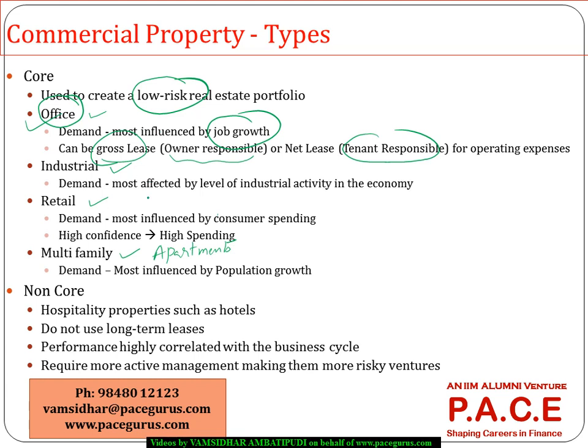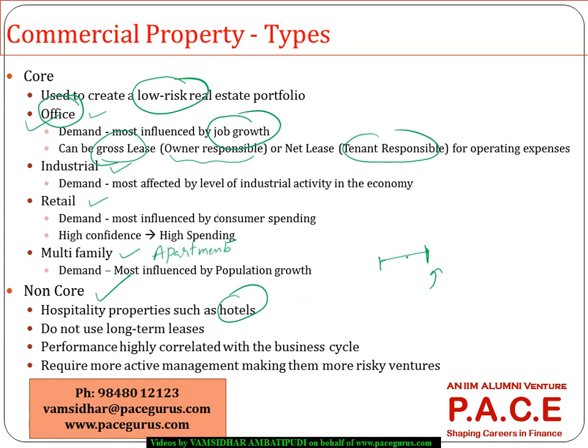whereas investment in non-core, especially hospitality related things like hotels, in a typical hotel industry, there cannot be long-term leases. Leases could be very short terms, which means when the lease is getting revised, there could be very heavy increments to the rental values.